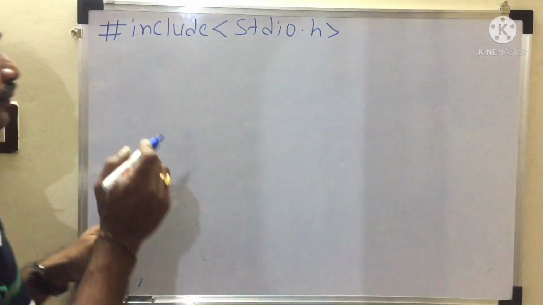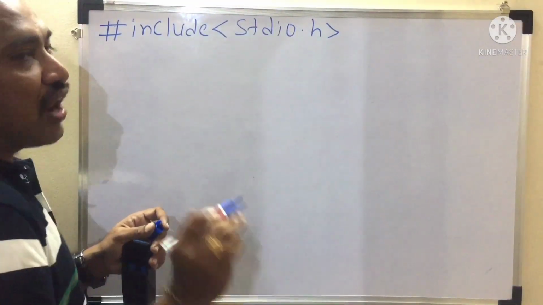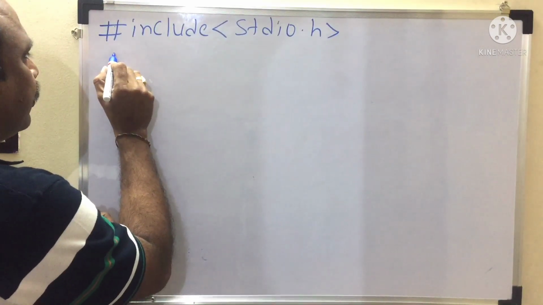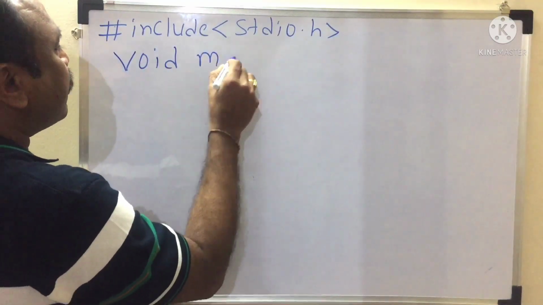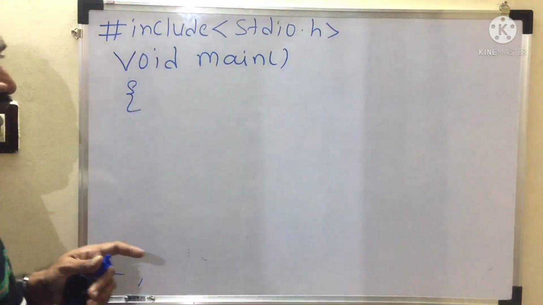Stdio means standard input output header file. As usual, next is void main, because program execution starts from main and also ends in main.